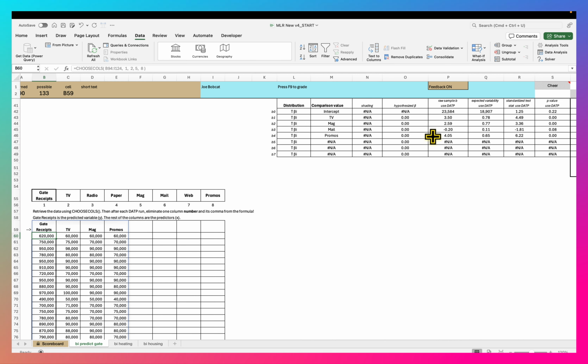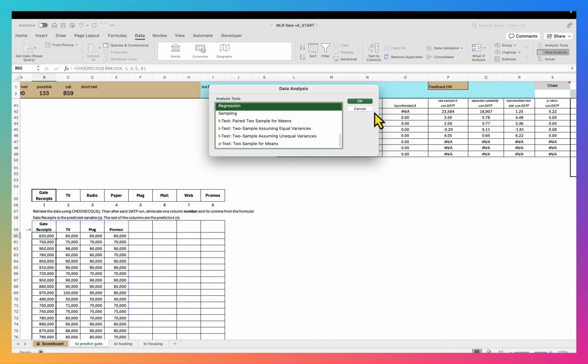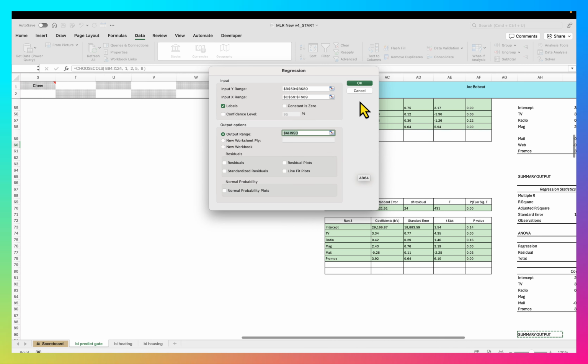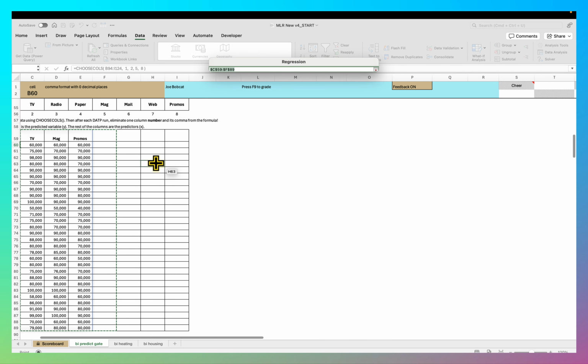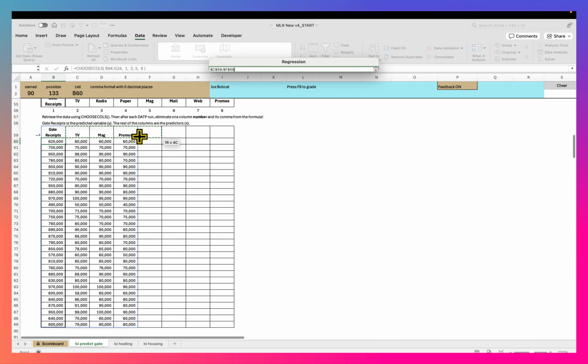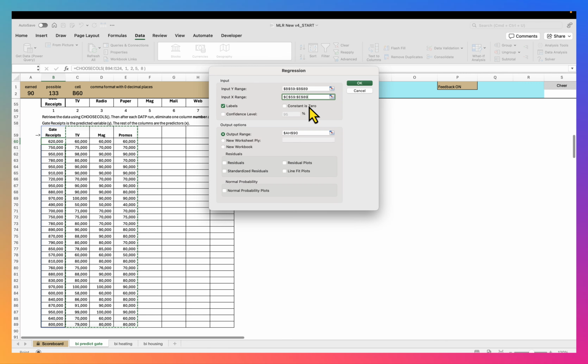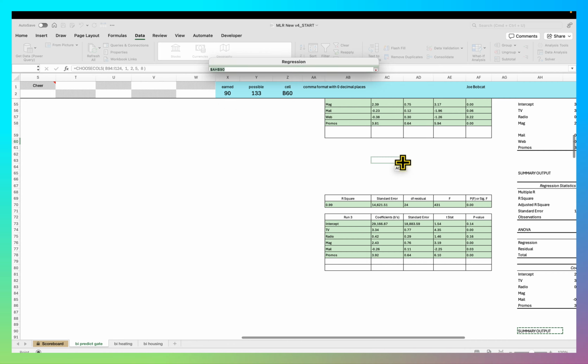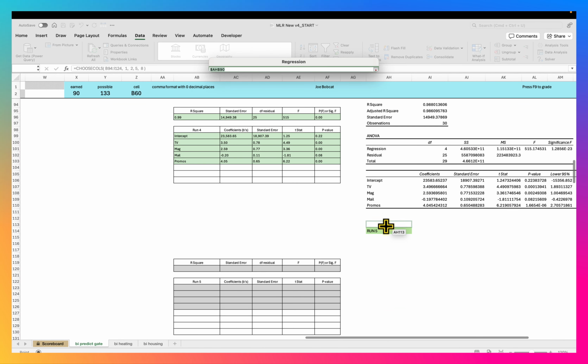And then run the data analysis toolpack again. So the X range, and this is going to be our last run, fortunately. And the output range is going to be run 5.